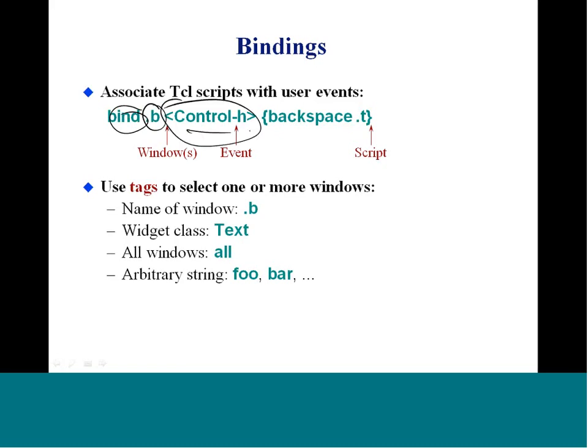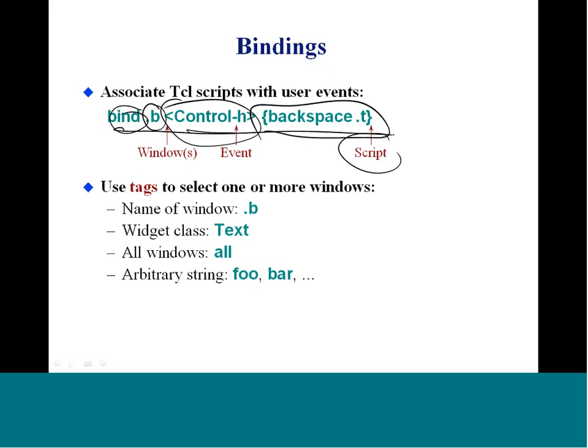Here the event is Control-H. That is the event that we want to bind, and then we are binding it to a script, which is in this whole thing. So when you press Control-H, it translates into a tab, and that's through this particular binding that we can select.